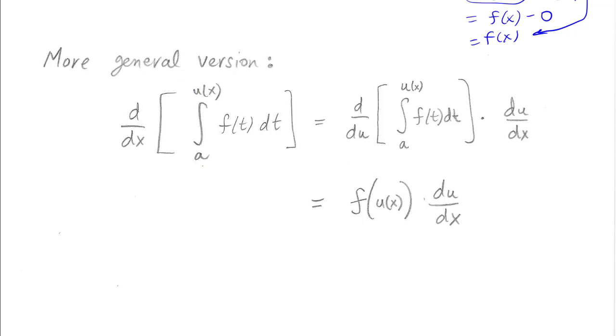Well, really we're just going to bring in the chain rule now. We're going to say, all right, well, if you want to take the derivative with respect to x of something, then you can really take the derivative with respect to u of this thing times du dx, right? So that's just the chain rule.